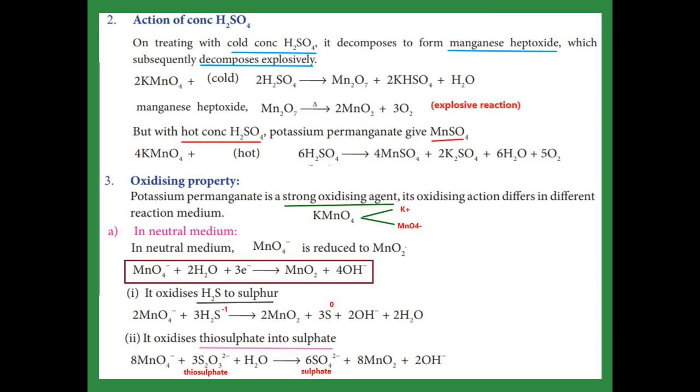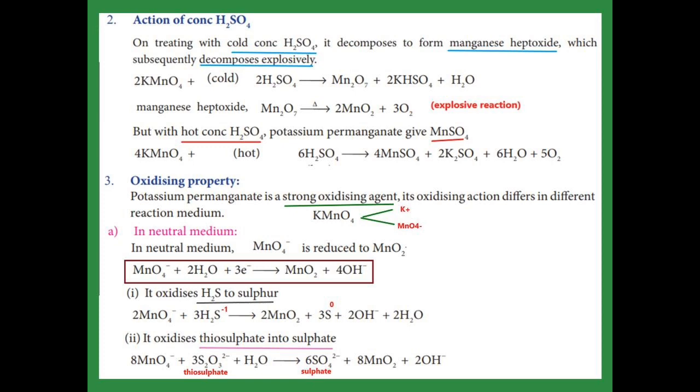When potassium permanganate reacts with cold concentrated sulfuric acid, it gives manganese heptoxide Mn2O7 along with potassium bisulfate KHSO4 and 1 mole of water. The manganese heptoxide once again decomposes into manganese dioxide and oxygen on heating. It is an explosive reaction.